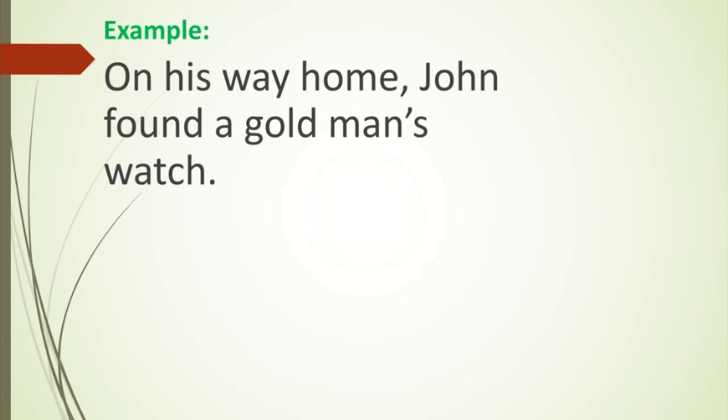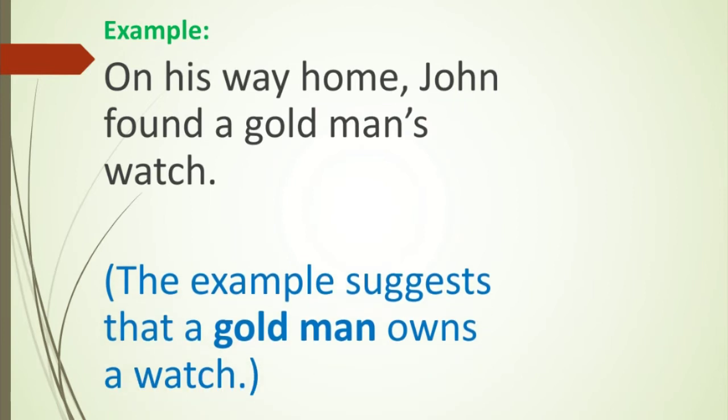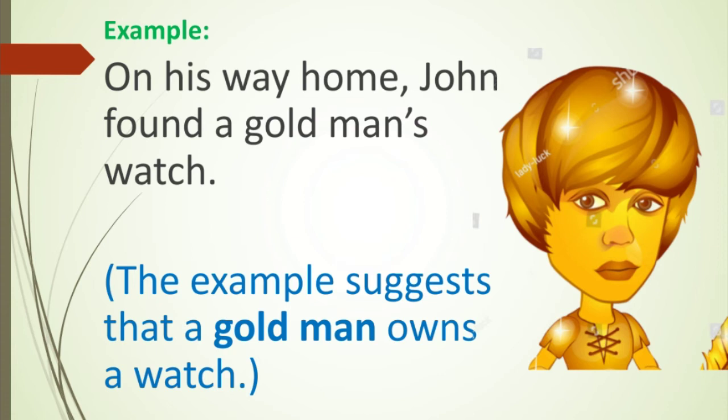Another example, on his way home, John found a gold man's watch. First, let us take a closer look at the descriptive word which is gold. So what have you noticed? So this sentence suggests that a gold man owns a watch, which is impossible, right?